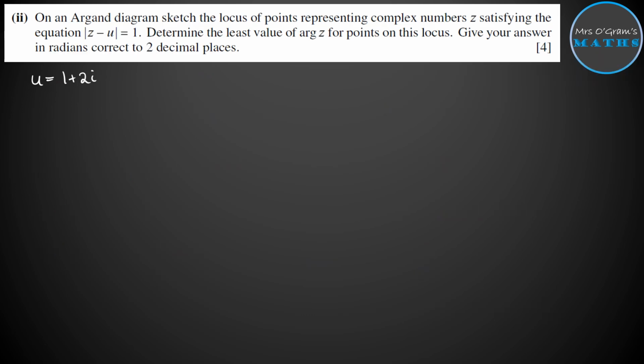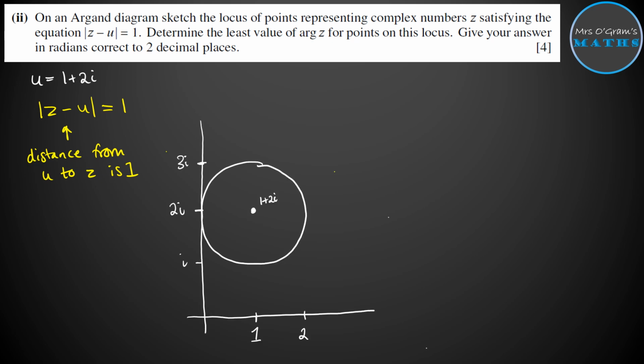Okay, now we need to do some work with an Argand diagram, and the first thing is to know that the modulus of z minus u is equal to 1. Now what that is telling us is that the distance from u to all the points z has got to be equal to 1. So have a think of what that looks like. It's going to be a circle around u with a radius of 1.